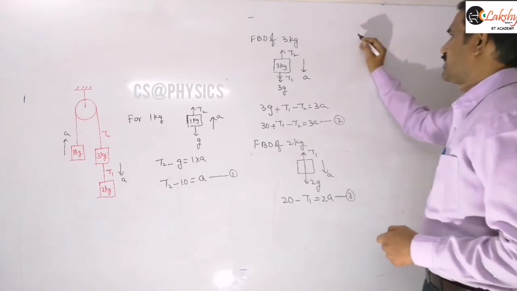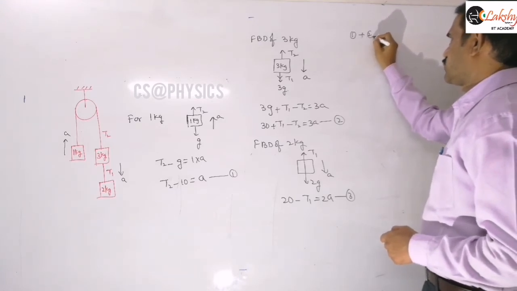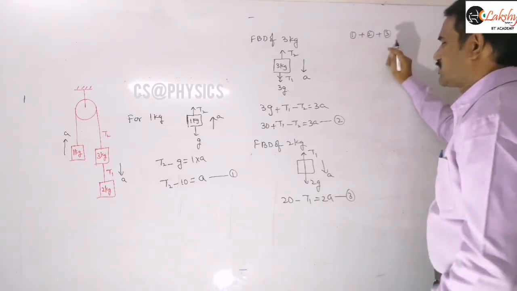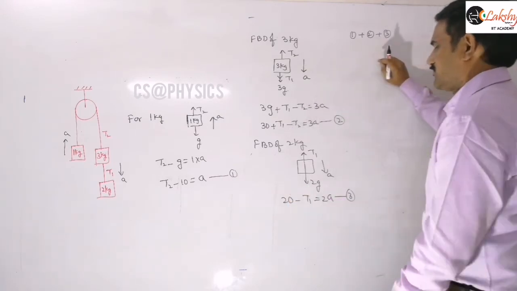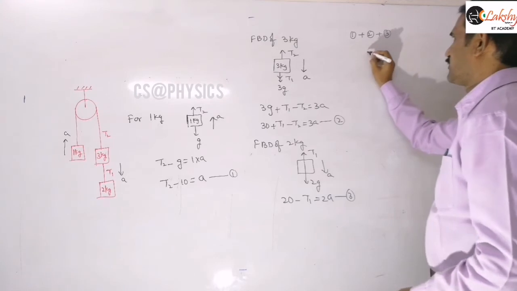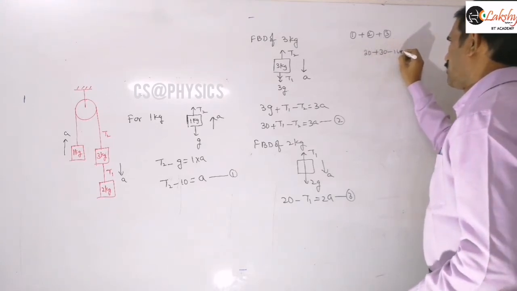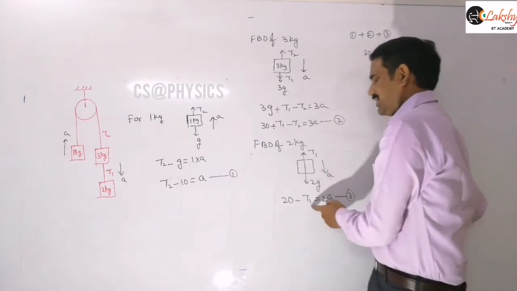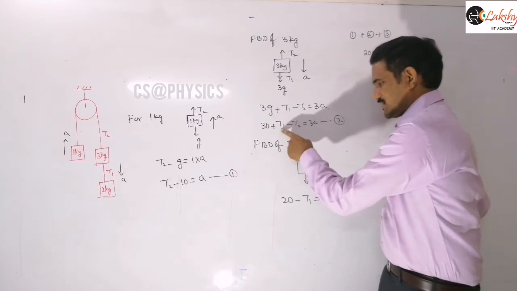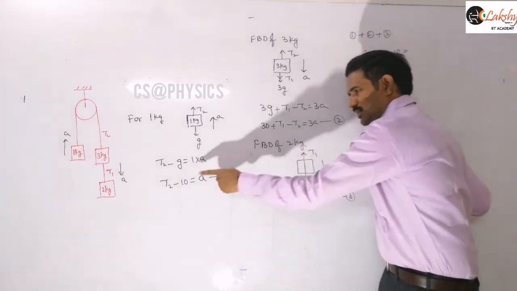So to simplify this, I can write equation 1 plus equation 2 plus equation 3. Let us add all those 3 equations. Now we can write this as 20 plus 30 minus 10 is equal to, you can observe that all the T terms will be cancelled: minus T1 plus T1, and minus T2 and plus T2.